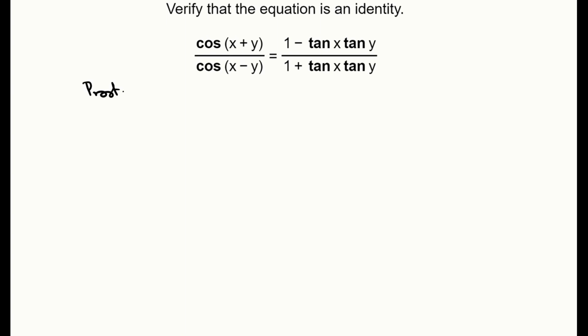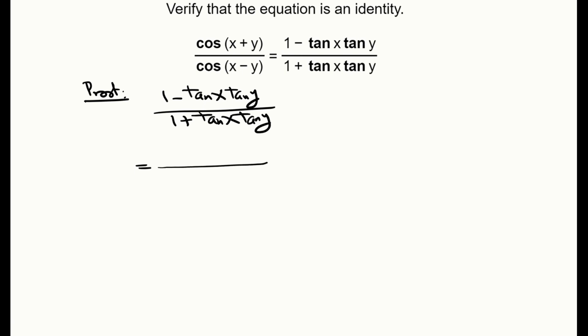So here, we'll go ahead and start with 1 minus tan x tan y over 1 plus tan x tan y, and one of our fundamental strategies for proving identities is, if you have anything other than sines and cosines, go ahead and turn them into sines and cosines.